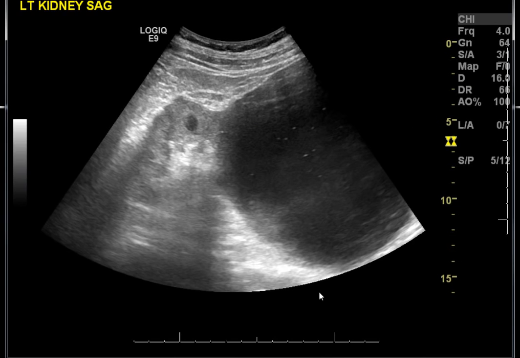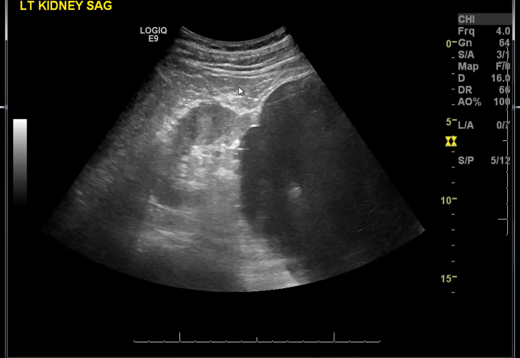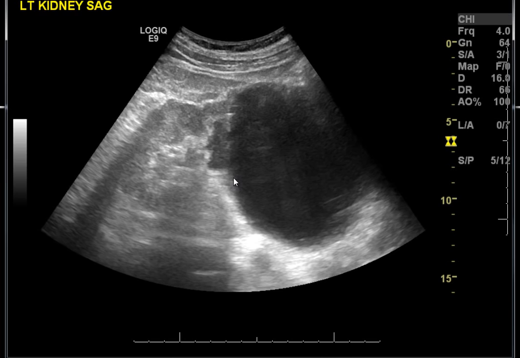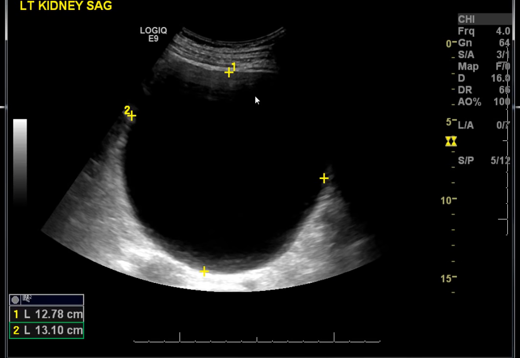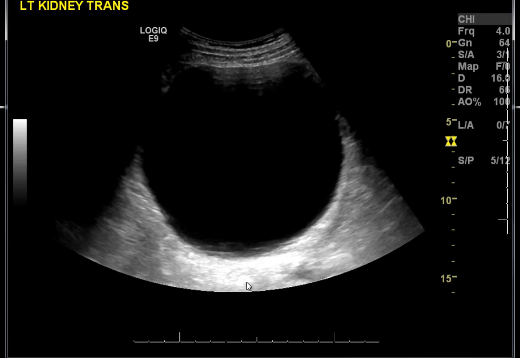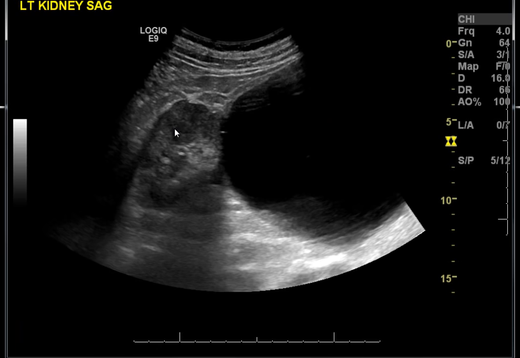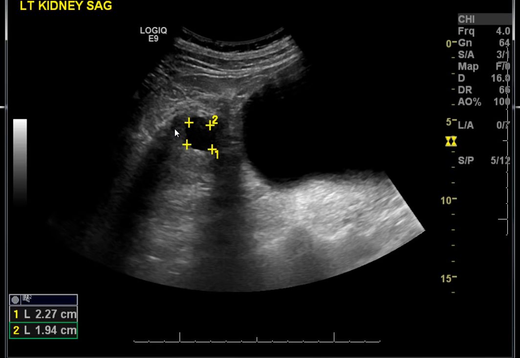And so there is a huge cystic area related to the lower pole of the left kidney, 12.7 by 13 centimeters. And again, always look at the back wall because acoustic enhancement indicates that it's a poor attenuator, and I always should describe the wall. So that's a huge renal cyst off of the left kidney.